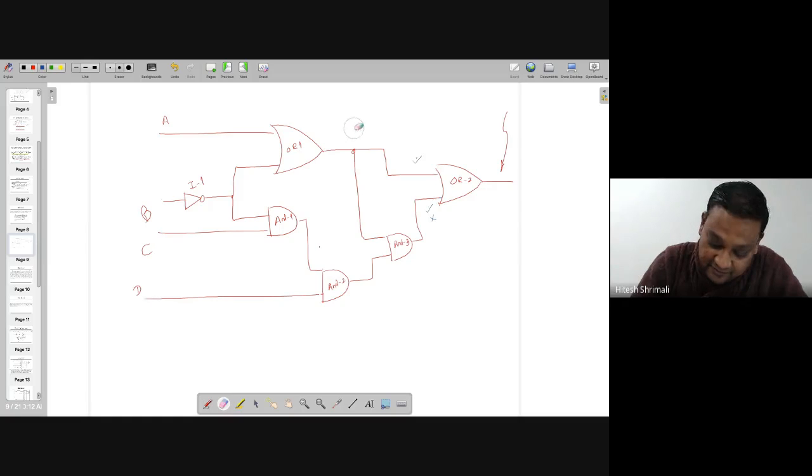At the same time, if this is 0, you don't care what is coming here. Again, the output is 0 if this one is 0. If this is 0, this will also become 0 and this will be 0. So OR2 is actually depending on only and only the output of this one, not on this one, because this will be decided if this is 1, right?